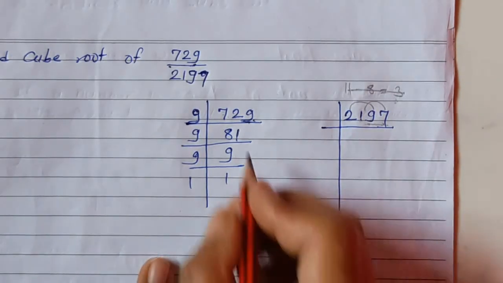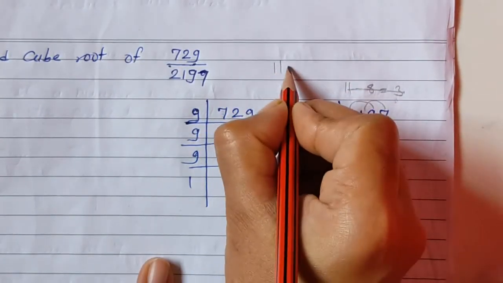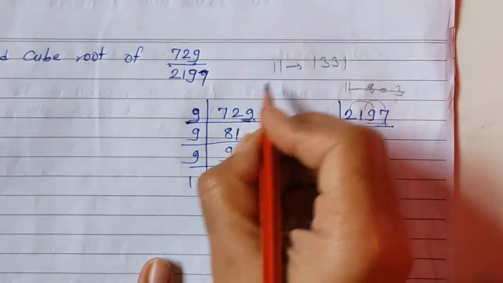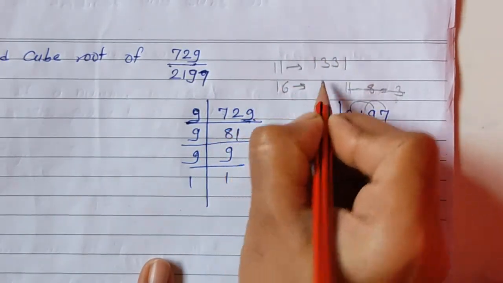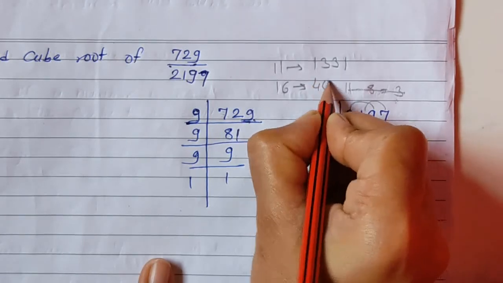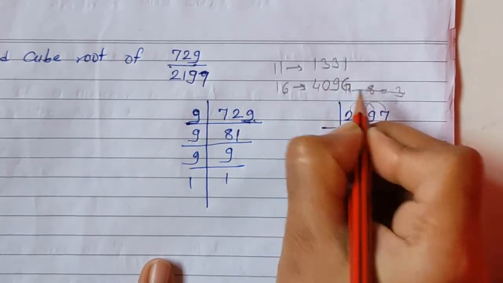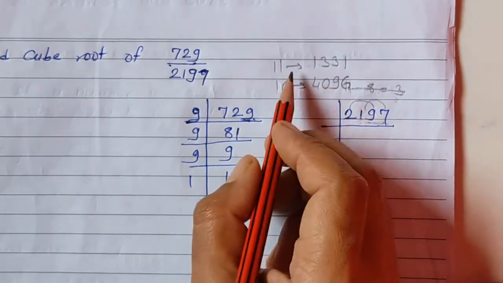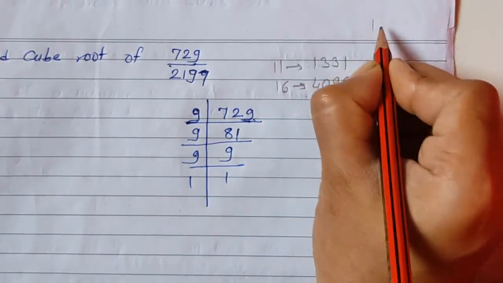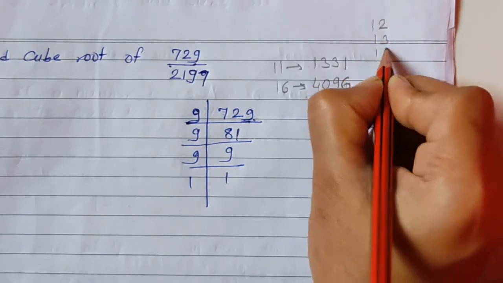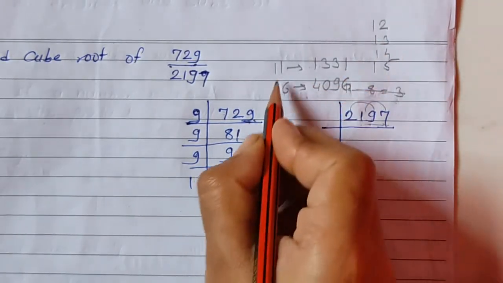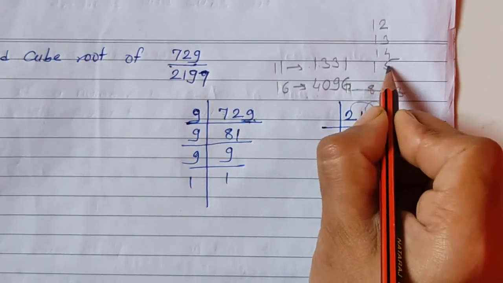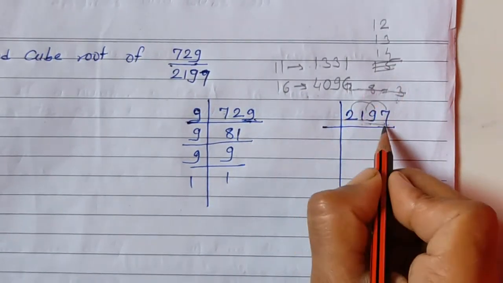Now you know that the cube of 11 is 1331 and the cube of 16 is 4096. So this number lies in between these numbers. So there are 12, 13, 14 and 15 which lie between these two numbers. Again, 15 is not possible because 5 is not here.